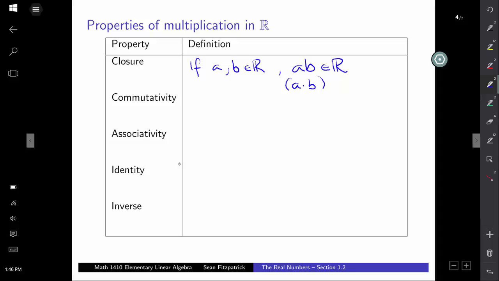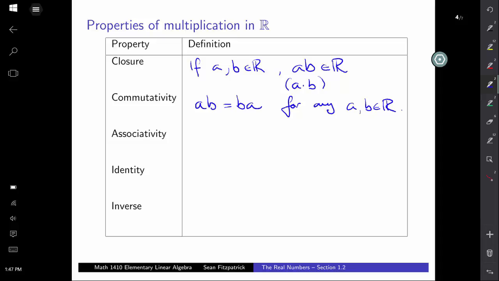Okay. Commutativity, well, you can guess what that means. A times b is the same thing as b times a, and that should hold for any real numbers a and b. And of course, for us, the commutativity of multiplication is just as obvious as the commutativity of addition.